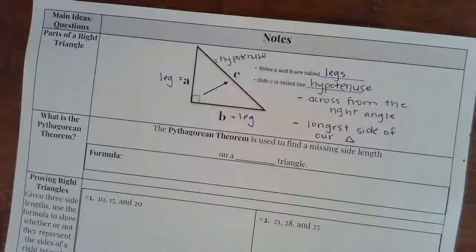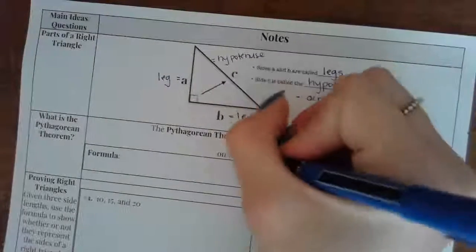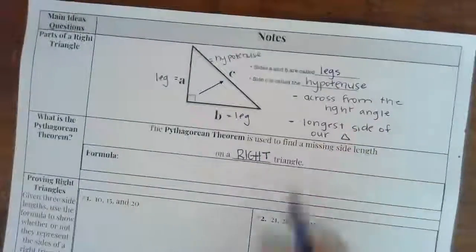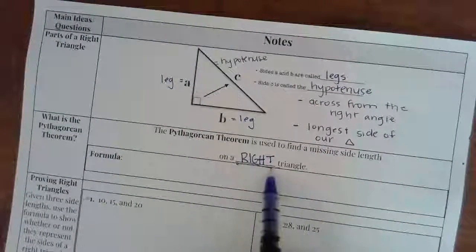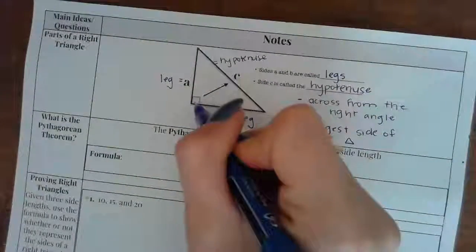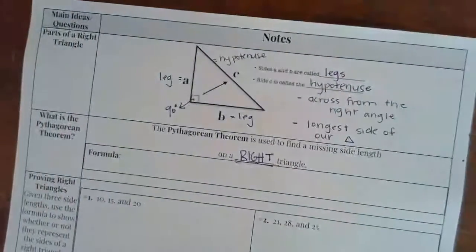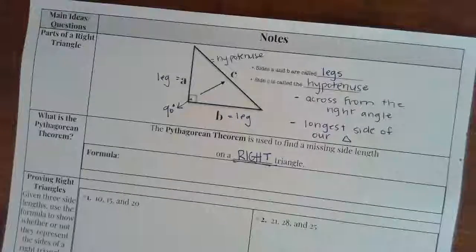So if we move down, it says, what is the Pythagorean theorem? Well, the Pythagorean theorem is used to find a missing side length on a right triangle. The Pythagorean theorem only works if we have a right triangle, which means we have a 90-degree angle in our triangle, okay?